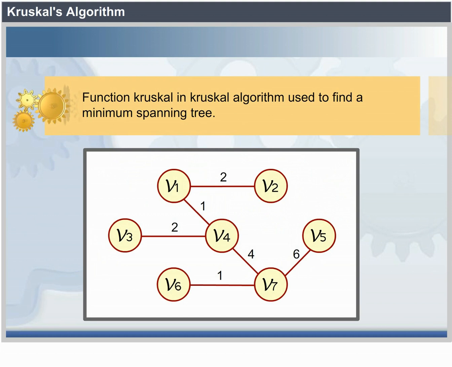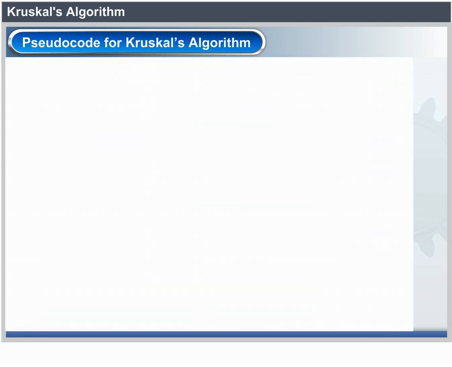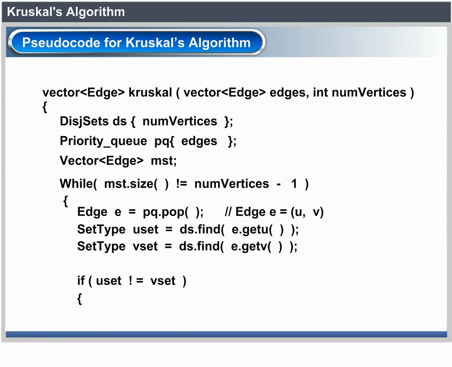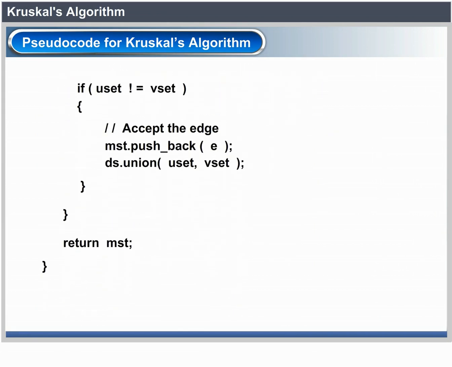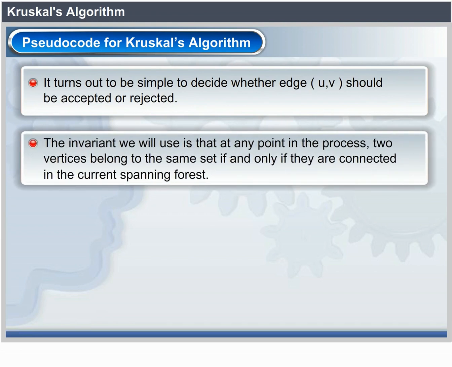Pseudocode for Kruskal's algorithm is shown in this figure. It turns out to be simple to decide whether edge (u, v) should be accepted or rejected. The invariant we will use is that at any point in the process, two vertices belong to the same set if and only if they are connected in the current spanning forest.